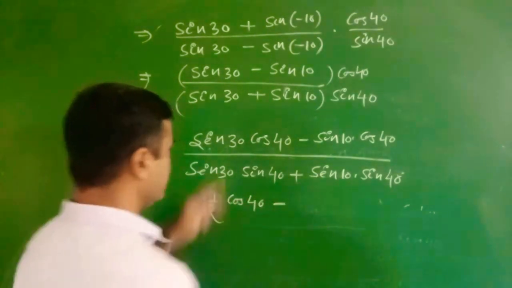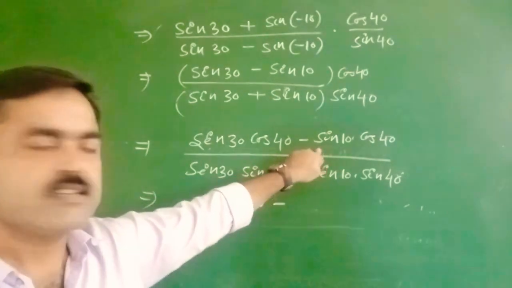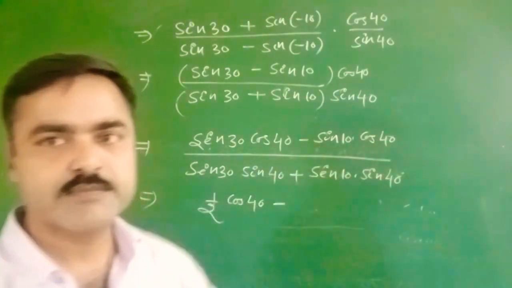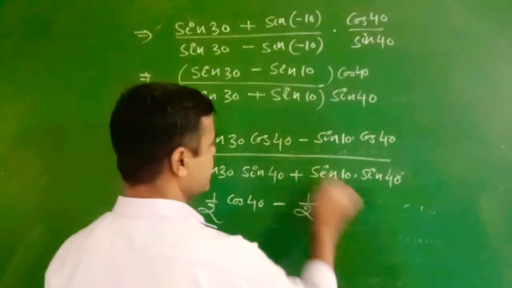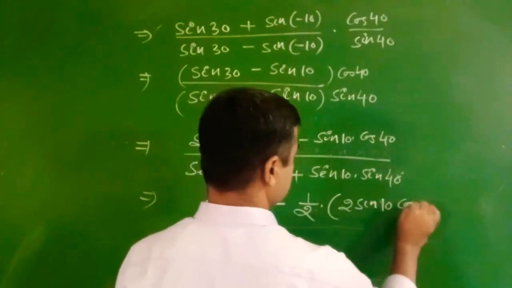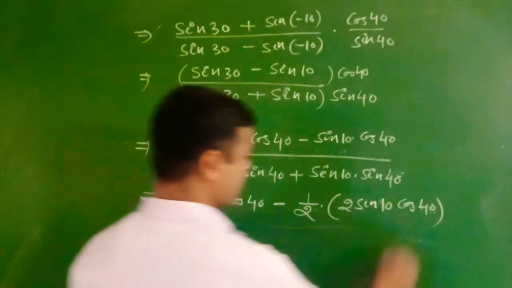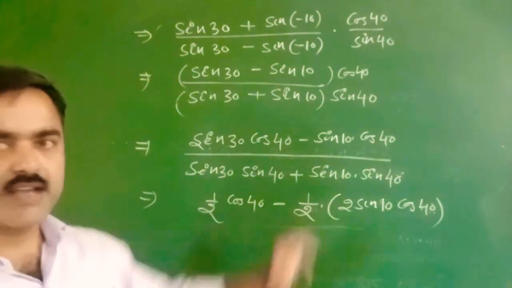minus 1 by 2 cos 40, and this can be again rearranged in the form of 2 sin A cos B. So if you will rearrange, it will be of the form 2 sin 10 cos 40, just divide by 2 and multiply by 2.